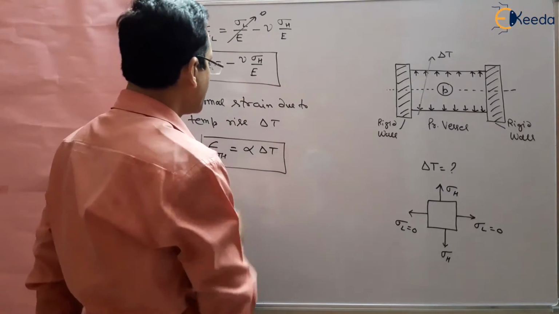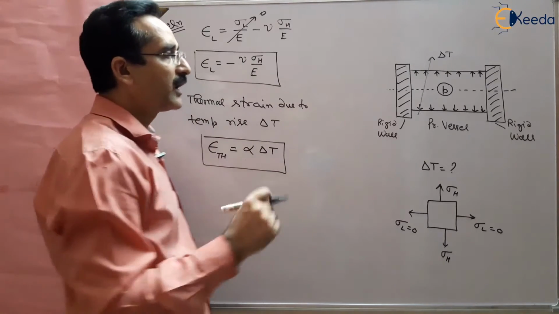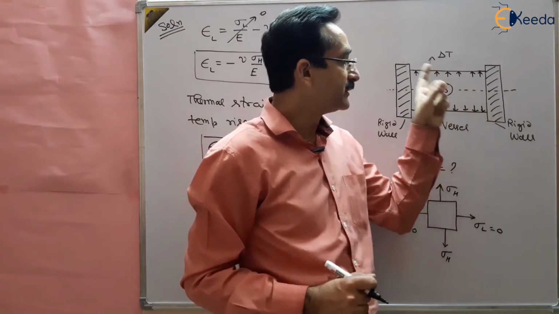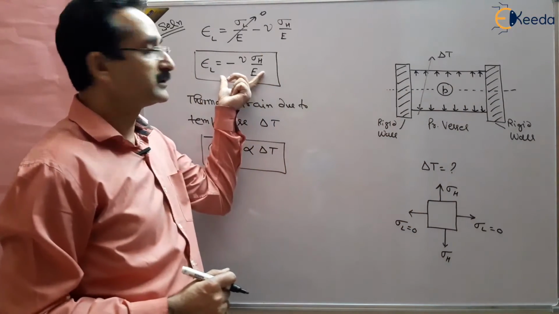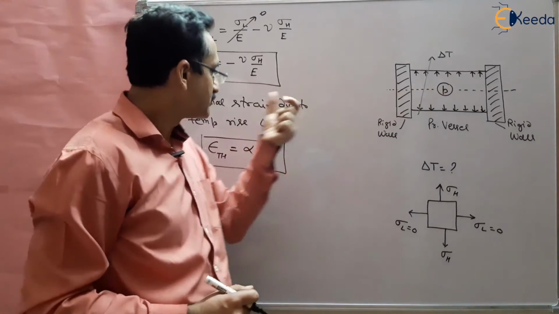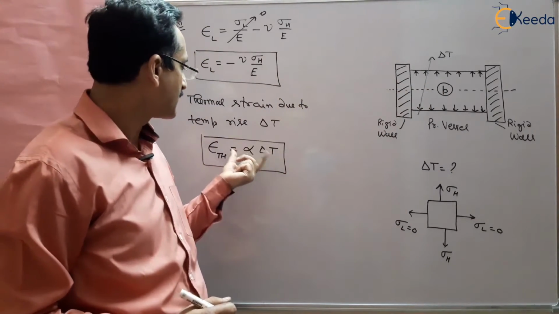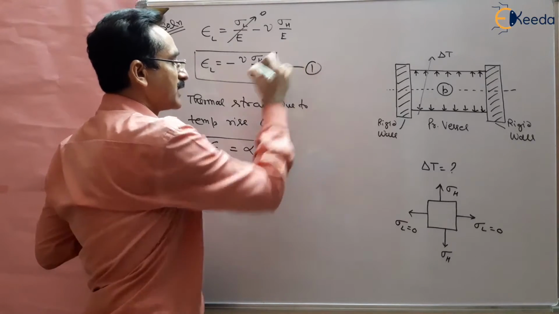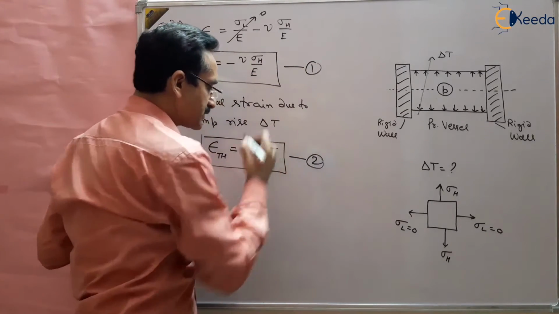Now if we want that there is no leakage of gas, the decrease in strain, the change in length due to this hoop stress or pressure, should be equal to the increase in strain due to this temperature rise. So this longitudinal strain should be equal to this thermal strain, right?